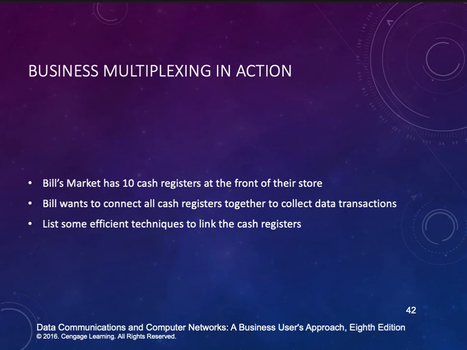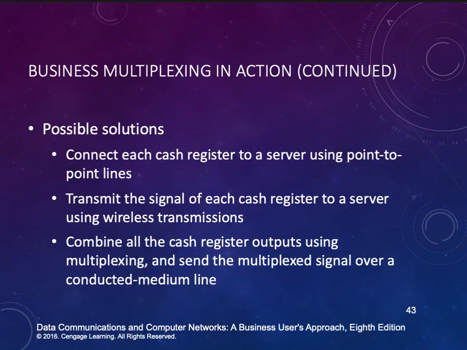Some possible solutions: connect each cash register to a server using point-to-point; transmit the signal of each cash register to the server using wireless transmission; or combine all the cash register outputs using multiplexing and send the multiplexed signal over the conducted medium. These are some of the real case scenarios that you might face in real life.